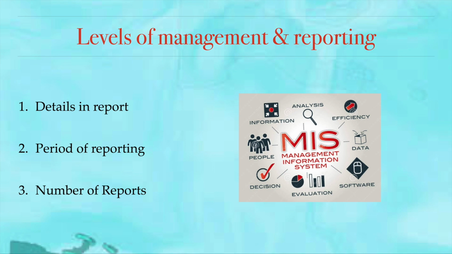But when you're talking about higher level management, you need the report of every department, every function, right, about finance, purchase, sales, advertising, etc. Therefore, these are the three levels of management and reporting: details in report, period of reporting, and number of reports.